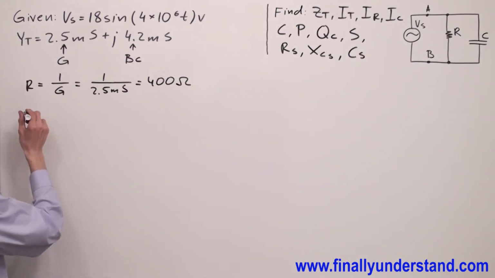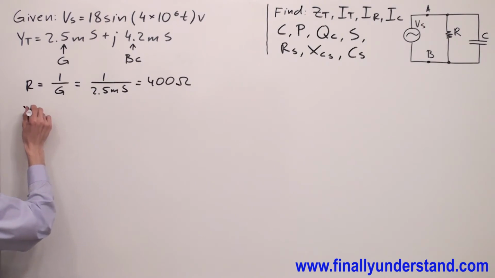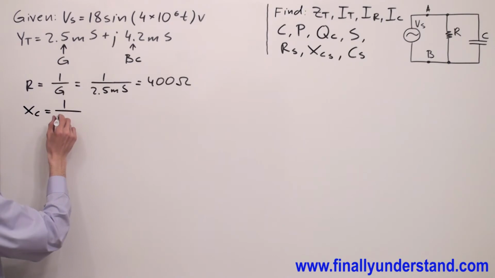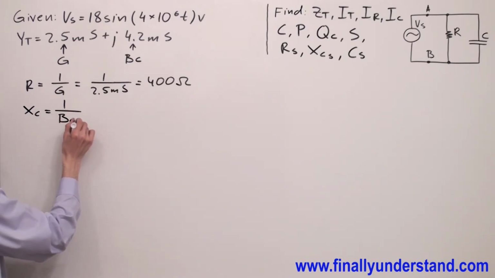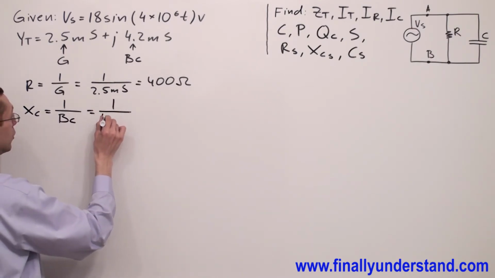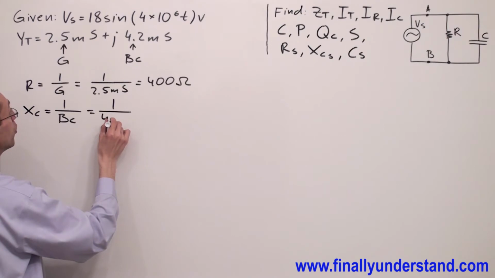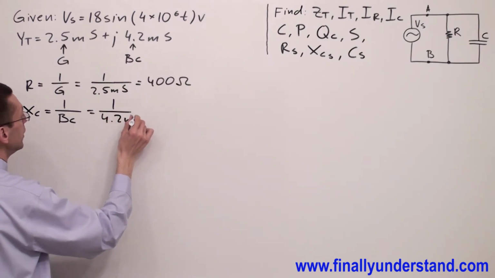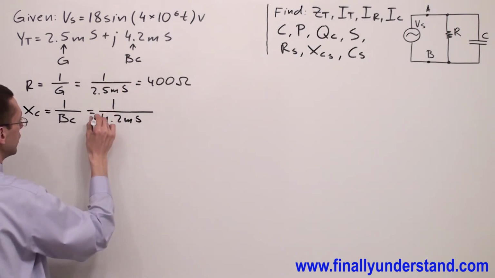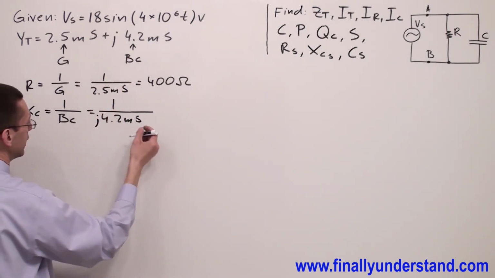Next, I'm supposed to find the capacitive reactance. X of C is equal to 1 over capacitive susceptance. So I have 1 divided by 4.2 millisiemens, and because I have J, I can add J over here or angle 90 degrees.